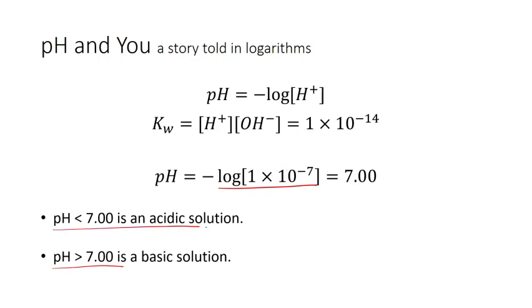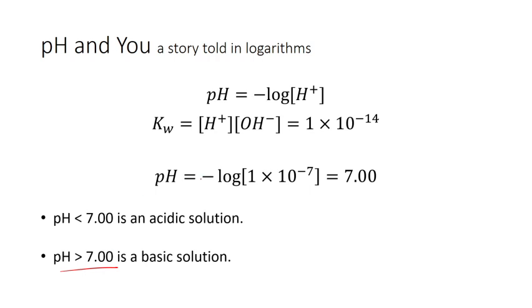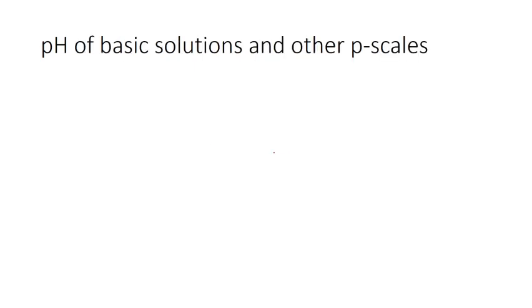So pH less than 7, your concentration of hydrogen is going to be greater than 1 times 10 to the negative 7th. pH greater than 7 is going to be basic. So your concentration of hydrogen is less than 1 times 10 to the negative 7, right?